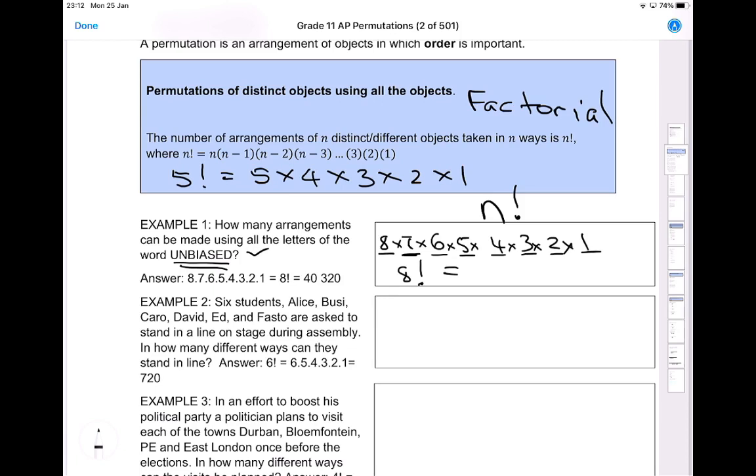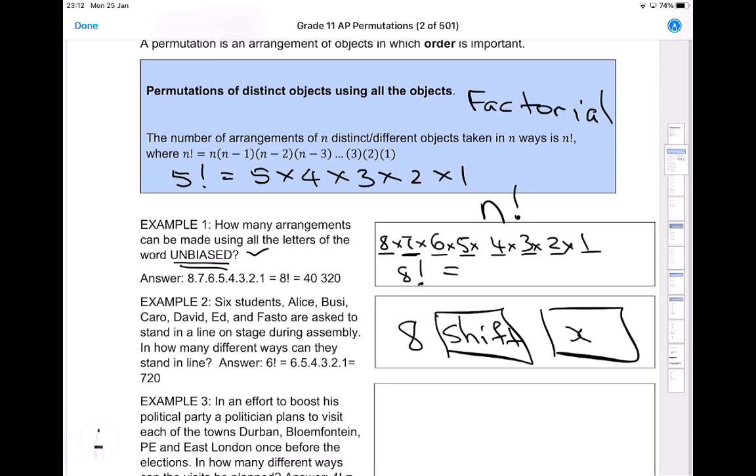So in your calculator, you will input your 8, because this is 8 factorial. You will input your 8, then shift, then I think you will see that one there where there is x to the minus 1.